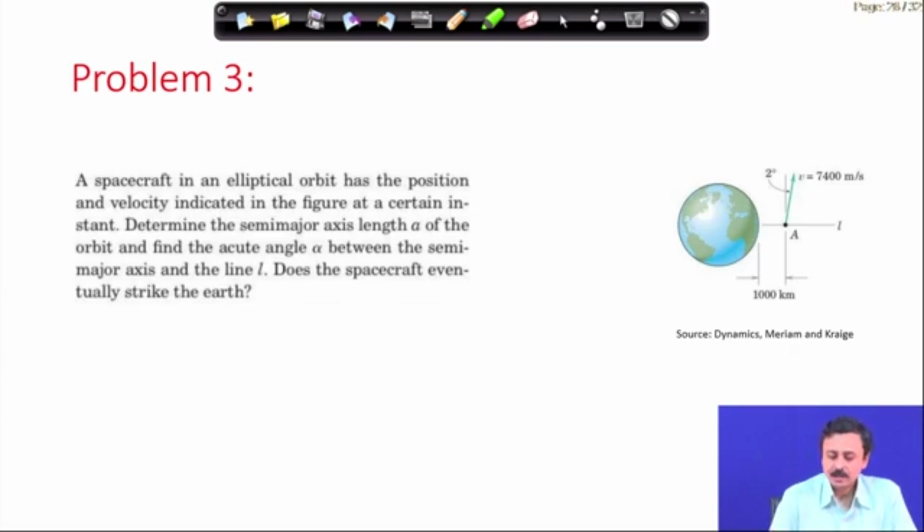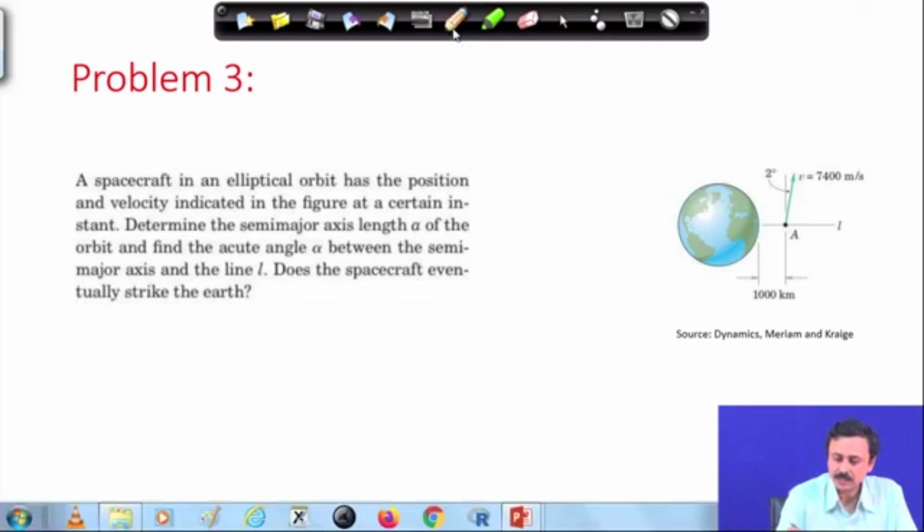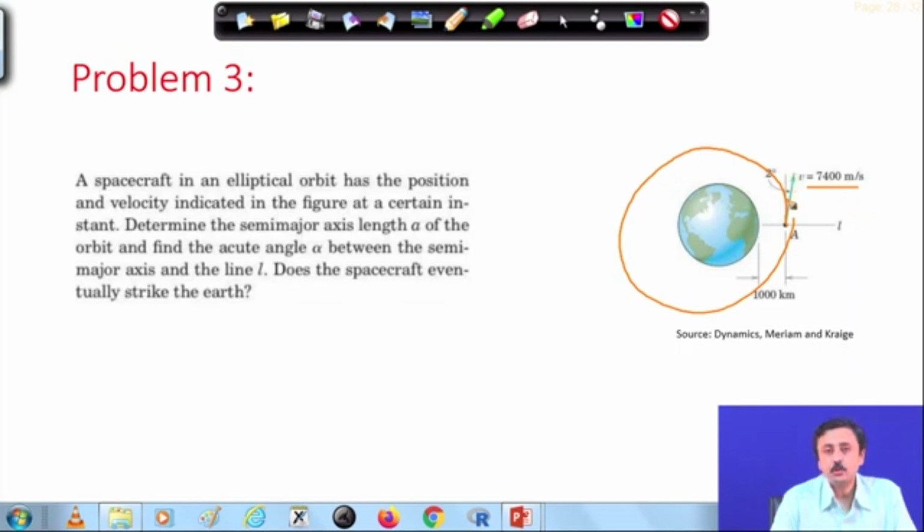This is the question. First thing that is mentioned is this: on an elliptic path. Therefore, this satellite was actually moving on an elliptic path. The path has not been shown, maybe something like this, and at this instant, the instant at which it is shown, it has a speed of 7400 meters per second at an angle of 2 degrees with respect to the vertical.